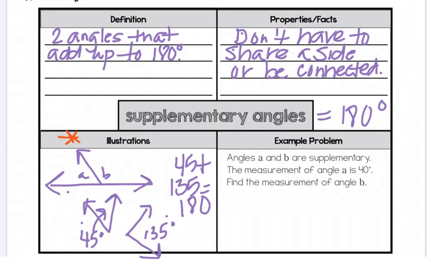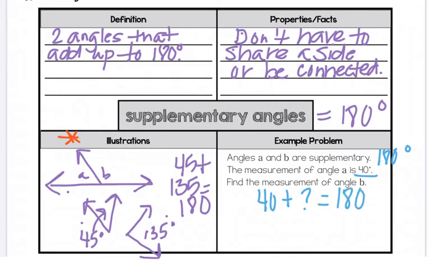So now let's look at an example problem. Angles A and B are supplementary. As soon as you see that word, you should know, oh, they equal 180 degrees. The measurement of angle A is 40 degrees. Find the measurement of angle B. So we need to do 40 plus what is 180.